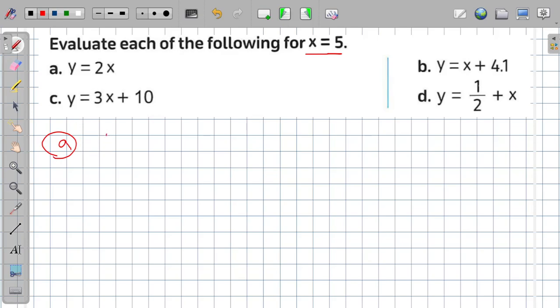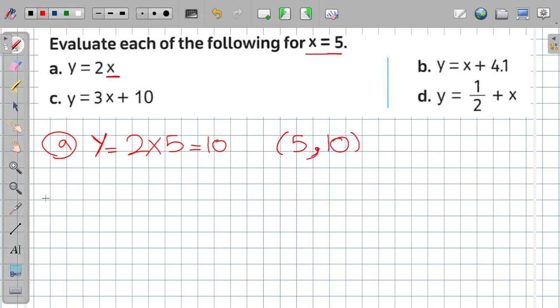So I will say y equals 2 times the value of x, which here is 5. So I will multiply 2 by 5. Okay, so 2 times 5 equals 10. So the ordered pair, or the coordinates here, will be 5 and 10.